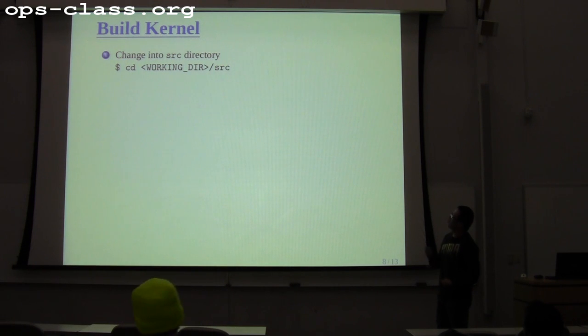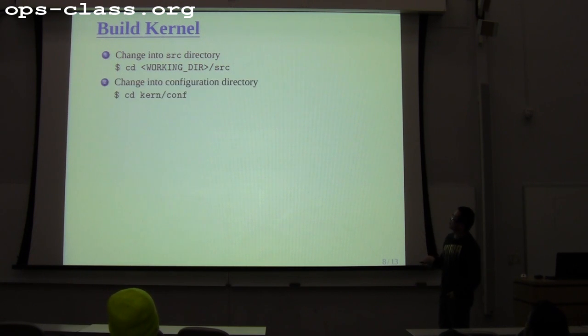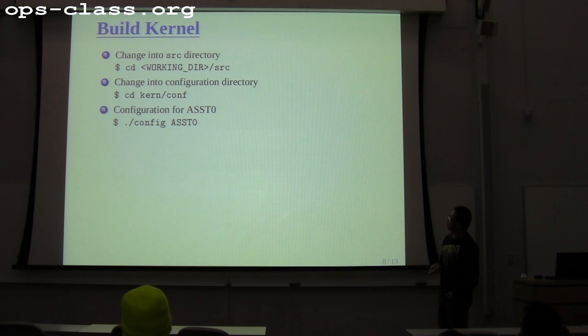Then you want to go ahead and build a kernel. This time, cd into SRC. Note that we configure the kernel in this directory. So configure it for assignment 0. Configure is a script, and it will read the configuration file called assignment 0, and this file contains all the options for these assignments.